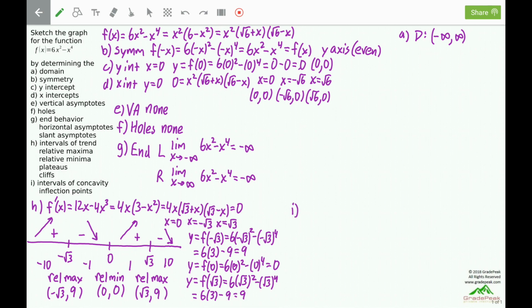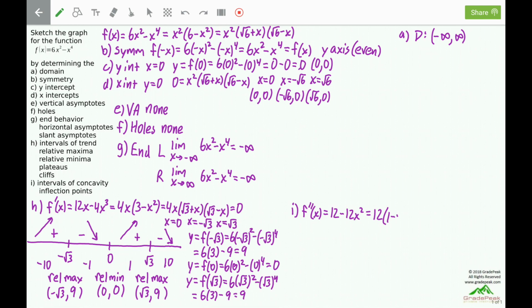For part I, we want to determine the intervals of concavity as well as any inflection points. This will require the second derivative, f double prime of x, taken from the first derivative, which will be 12 minus 12x squared. We want to fully factor the second derivative. There's a common factor of 12.